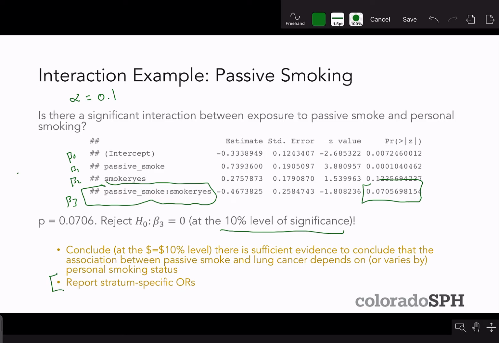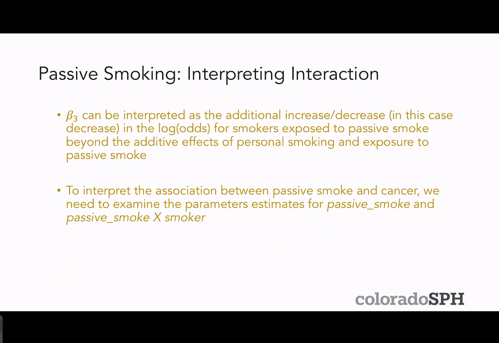Because you do reject the null, you would report the stratum-specific odds ratios, and that should just say alpha. And so that interaction term, beta 3, can be interpreted as the additional increase or decrease. In this case, it's a decrease because the estimate is negative, in the log odds for smokers exposed to passive smoke beyond the additive effects of personal smoking and exposure to passive smoke.